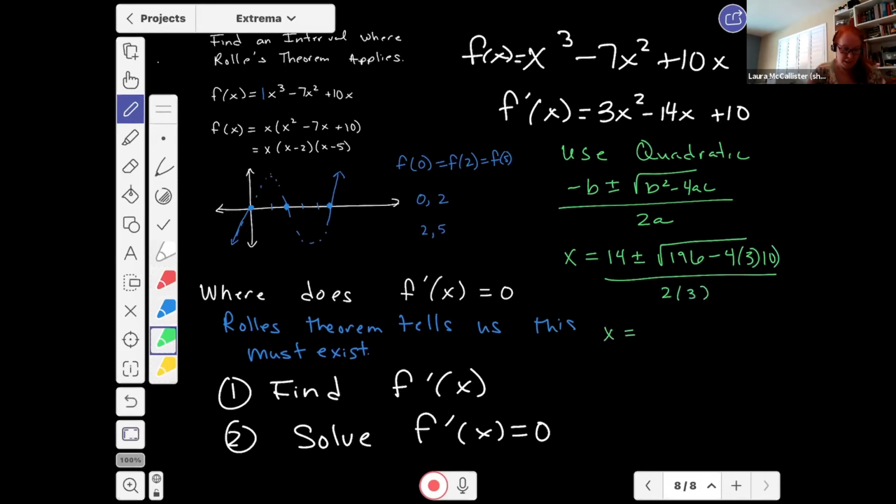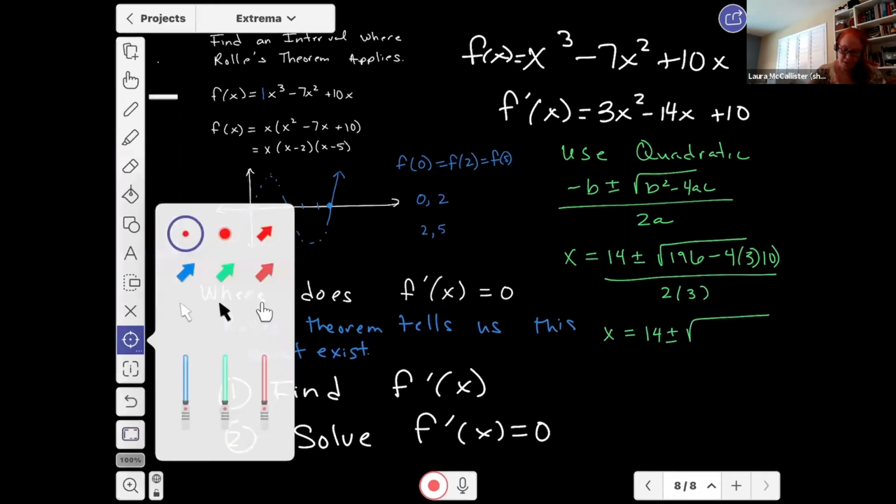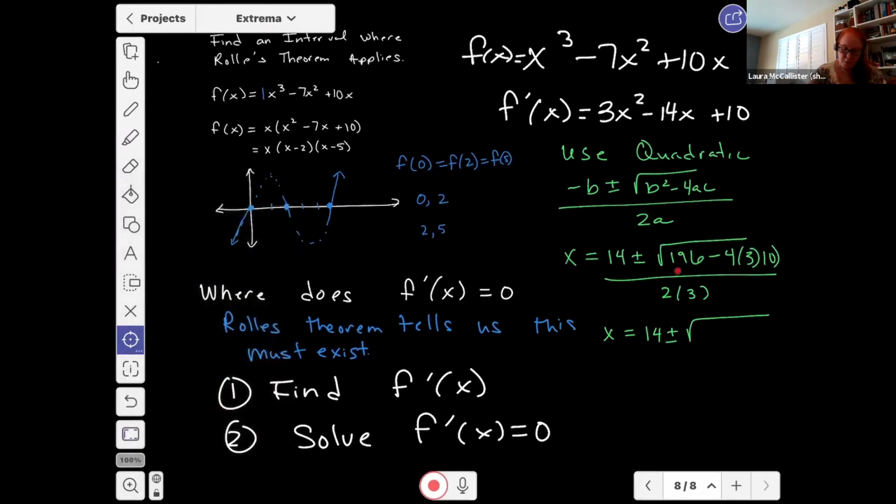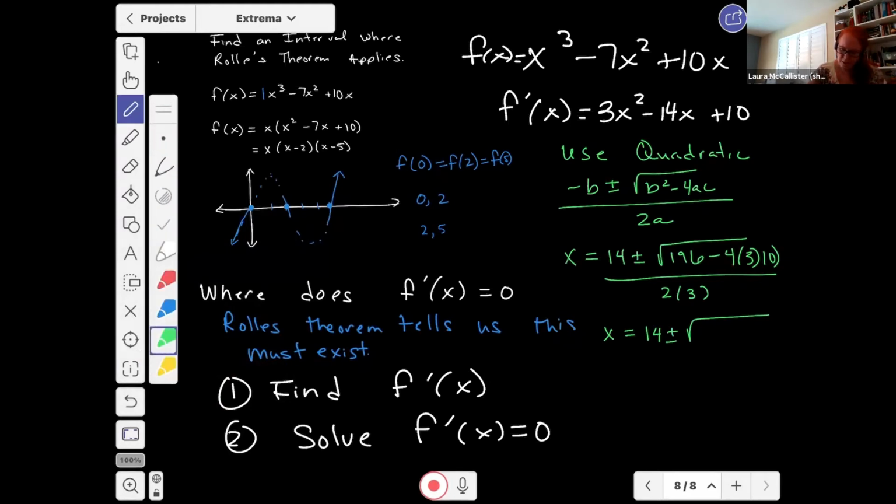Or x is equal to 14 plus or minus. All right, so underneath the square root, what we end up having here is 196 minus 120, which gives me 46. Yeah, 46. All divided by 6.